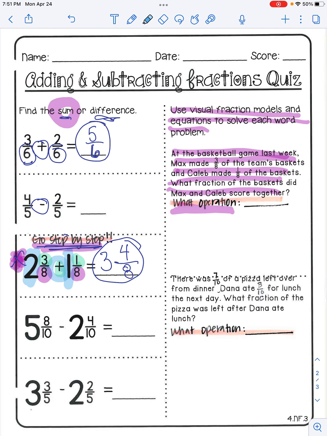At the basketball game last week, Max made 3/8 of the team's baskets and Caleb made 1/8 of the baskets. What fraction of the baskets did Max and Caleb make together, score together? Okay, together. So what operation is together? When we see something that we're going to do together, we're going to put those things together. That means that we are going to add. That is what together means.